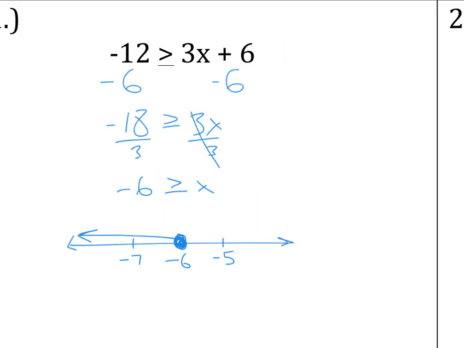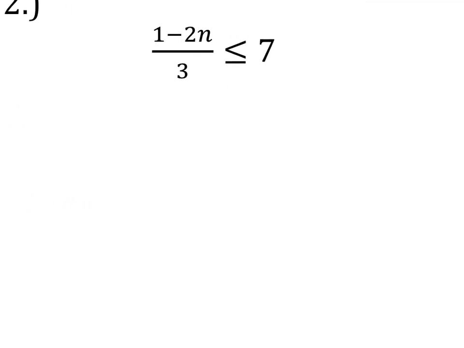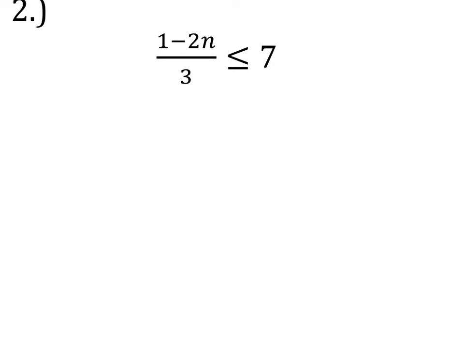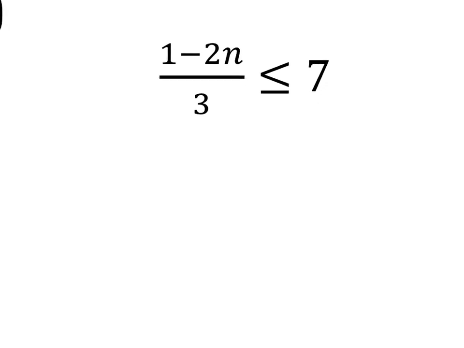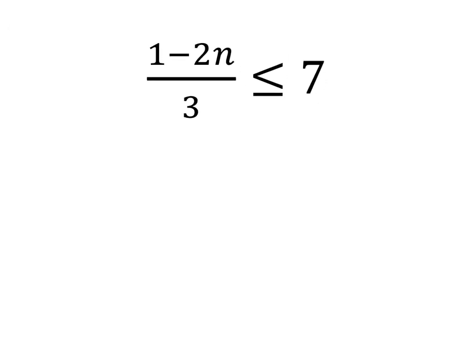Okay, let's move on to number 2. Again, these are just more complex problems. A lot of people will want to try to get rid of this 1 first. We can't do that, because this isn't 1 and this isn't 2. It's all in the numerator of this fraction here, and a fraction we can read as division.